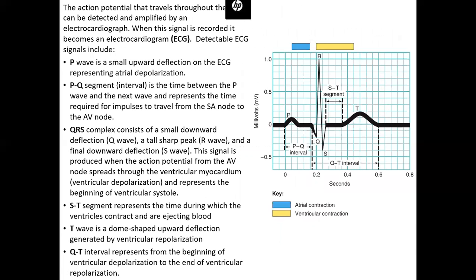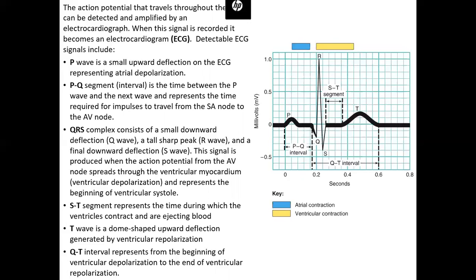Okay. Let's talk about ECGs. Each action potential that travels through our heart can be detected and amplified by what's called an electrocardiograph, which is a machine that creates what's called an electrocardiogram.